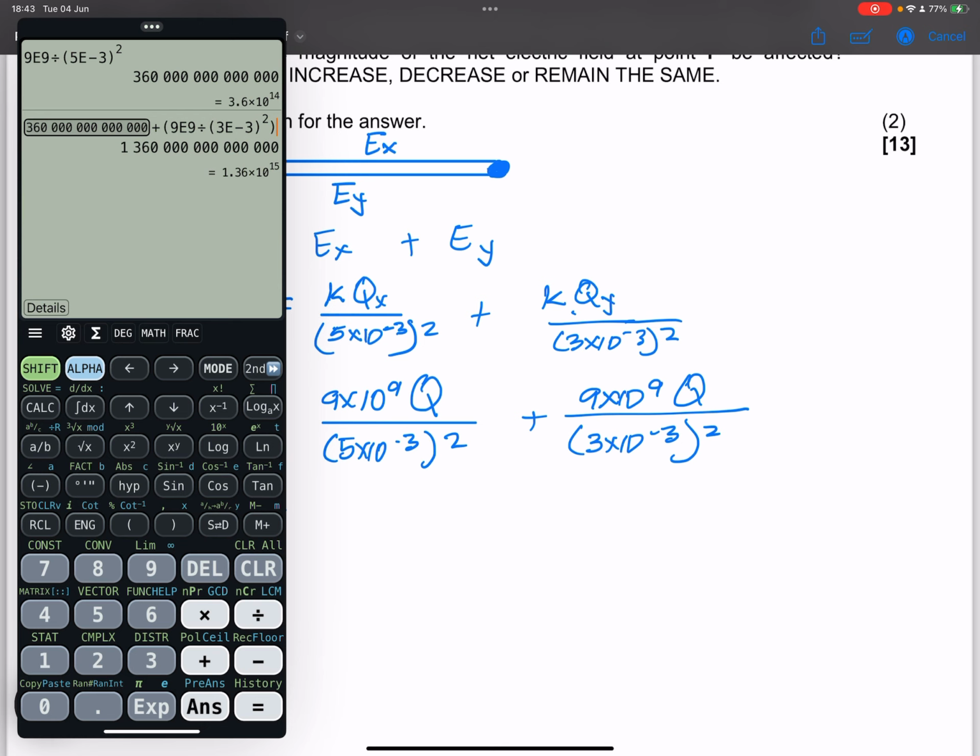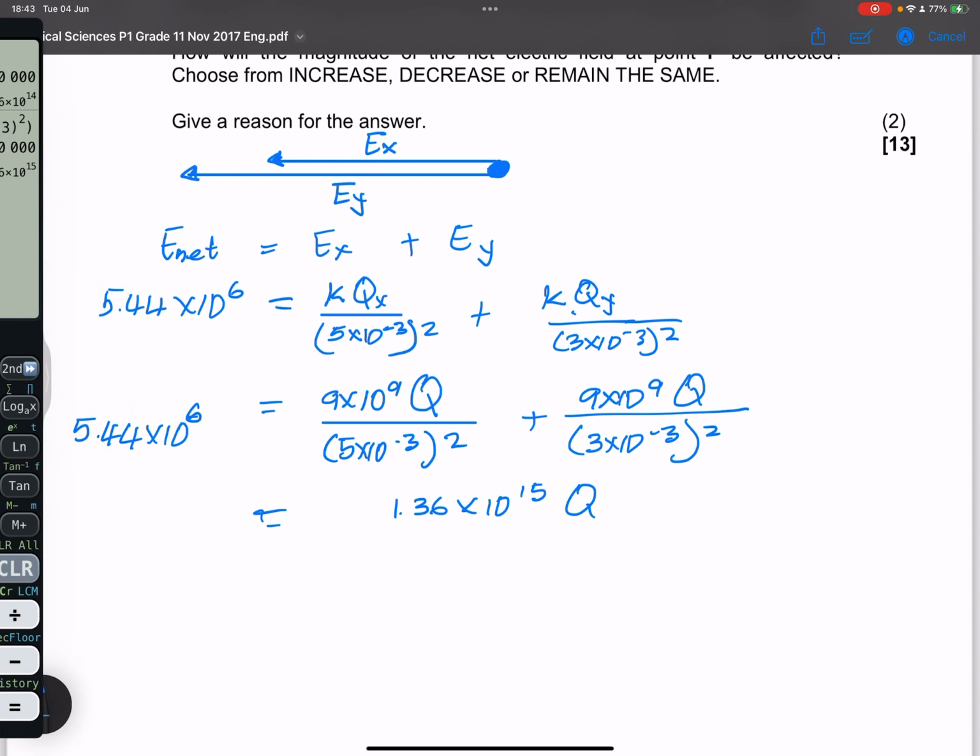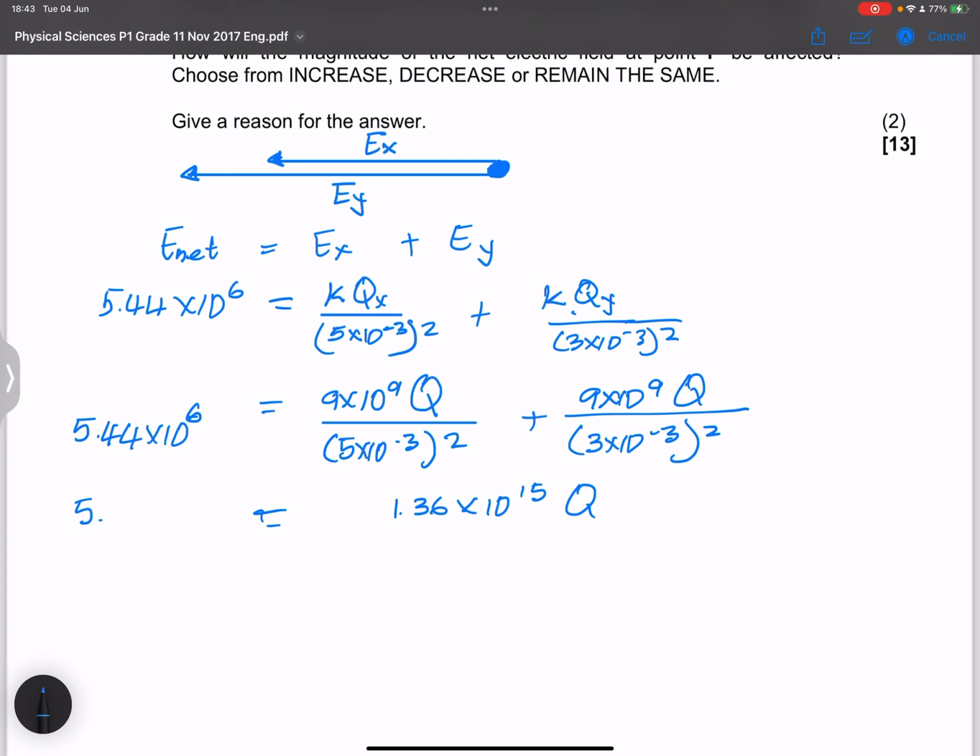So I get 1.36 times 10 exponent 15 q when I add both of them, and this is equal to 5.44 times 10 exponent 6. So I'm going to divide by 1.36. What I do on the left, I do on the right.